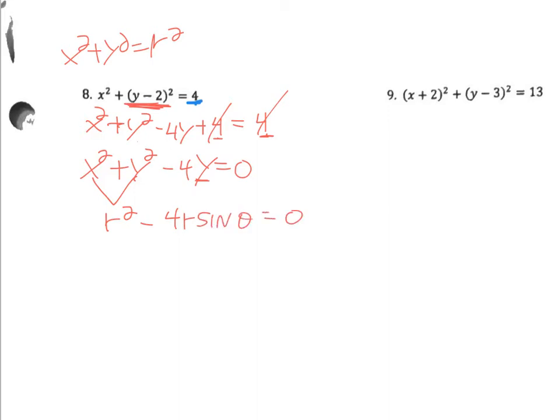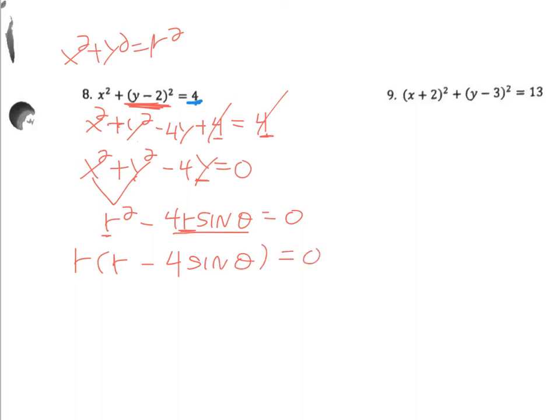Now, just like the other ones, for 5, 6, and 7, the hint was solve for r. We're going to do the same thing. So to solve for r, I have 2 terms here, and the common factor, or GCF, would be r. So we're going to factor out an r. When we factor that out, the first term is r, and in the second term, we take away this r, so it's just 4 times sine of theta equals 0.